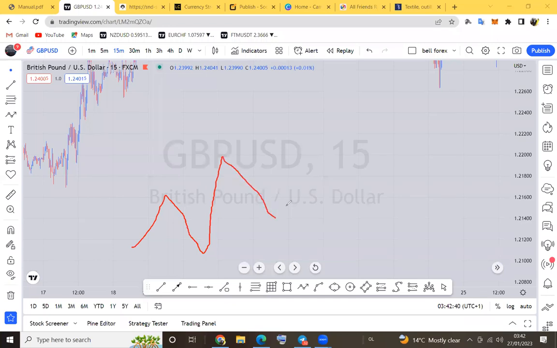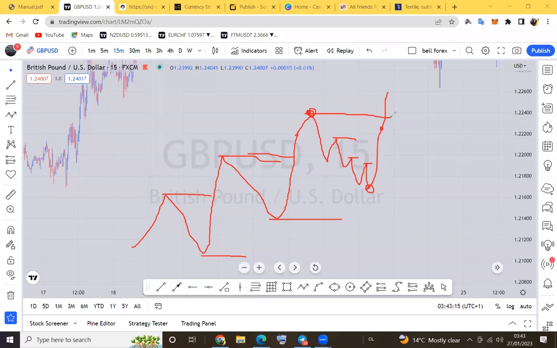The swing structures are the lowest point the market creates and the highest point the market creates. Structure swing, structure swing, structure swing. If this market on its way down creates something like this, like this, like this, and like this, before going back up, it definitely has created some highs, but the highest point that created this lowest point here is this one up here. So this is your swing structure.